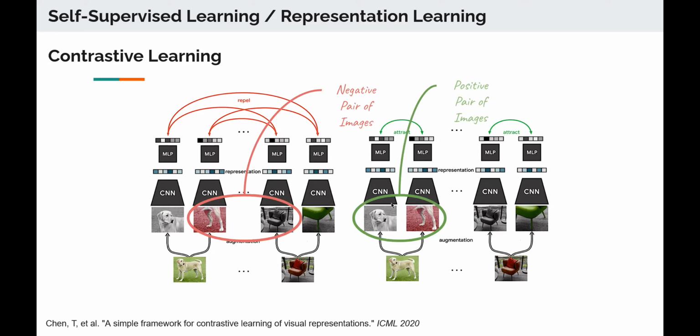So we say that images coming from the same class but different augmented versions are positive pairs, whereas images coming from different classes are negative pairs. And then we would like our representations to behave accordingly. So again, essentially we have come up with some heuristic way of imposing some domain knowledge, and then we are training a network to behave according to this knowledge.